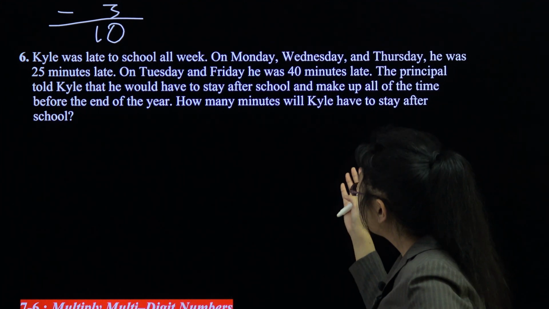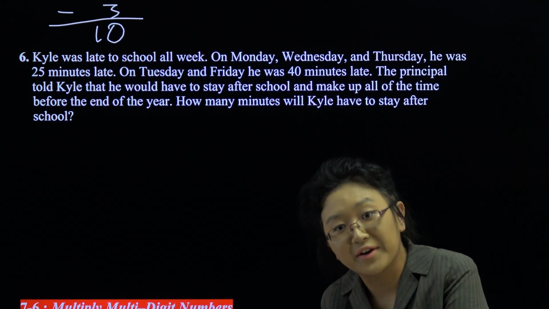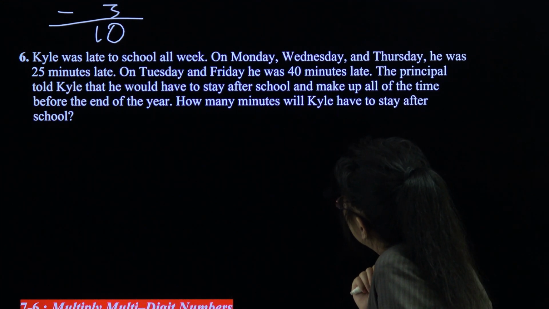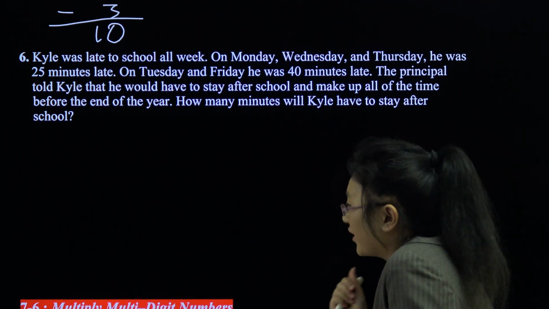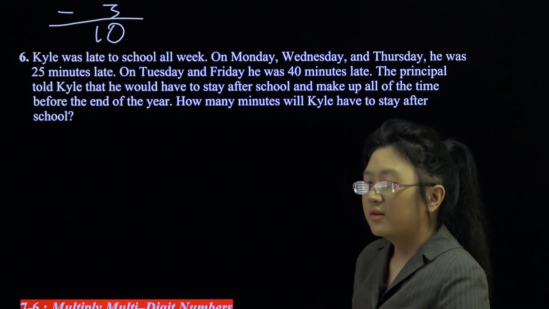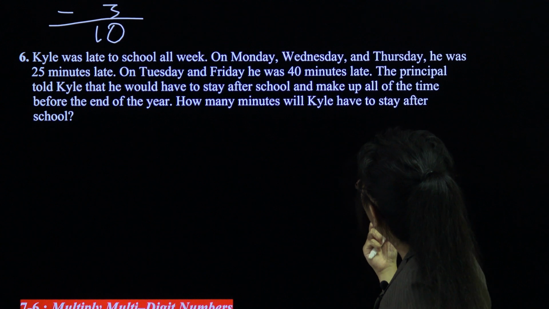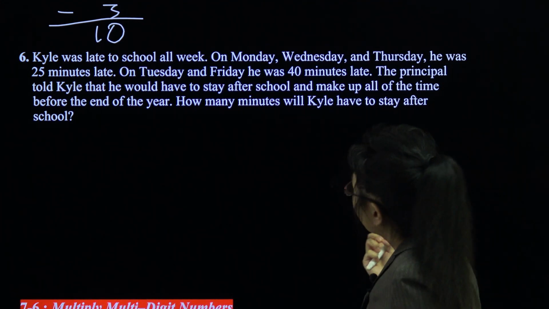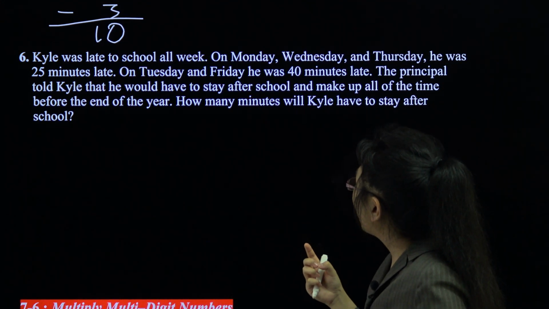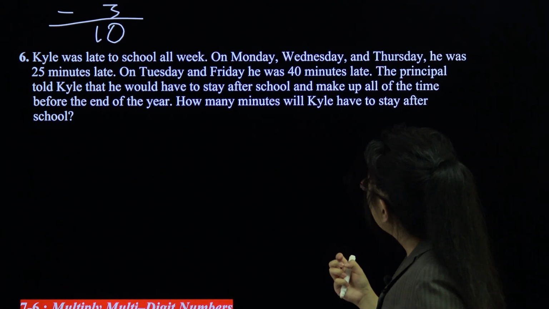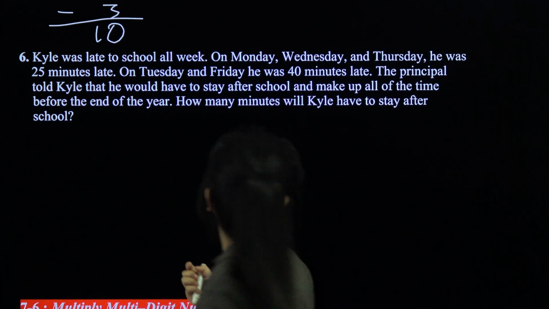In middle school, that's basically one whole period. Was it though? Wait, no, a period was like 50 minutes. But still, that's an impressive amount of lateness. The principal told Kyle that he would have to stay after school and make up all the time before the end of the year. How many minutes will Kyle have to stay after school?